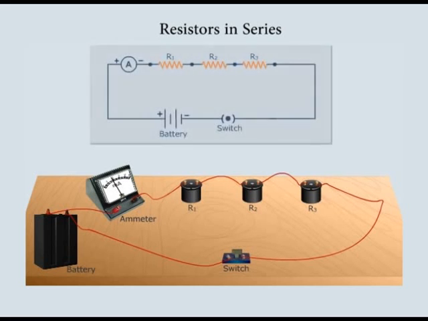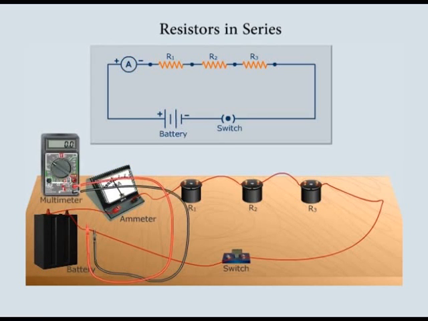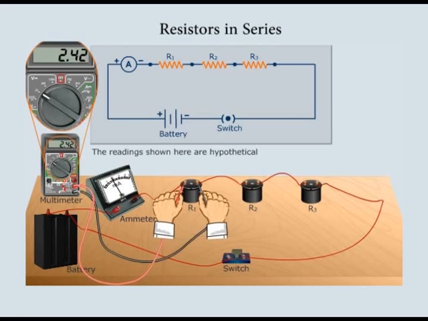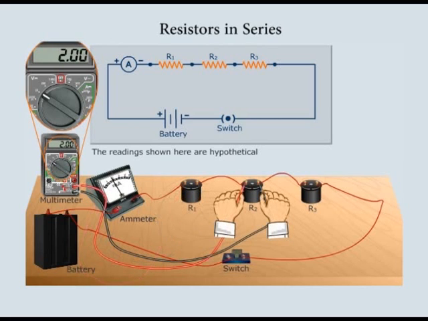Let us now calculate the effective resistance of the circuit. Consider three resistors R1, R2 and R3 connected to a battery through an ammeter. Observe the multimeter reading when it is used to measure the potential difference across R1, R2 and R3.